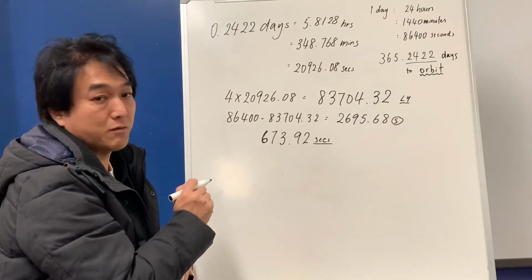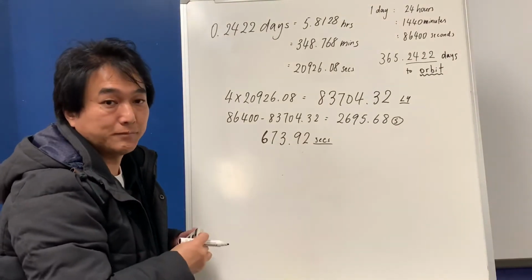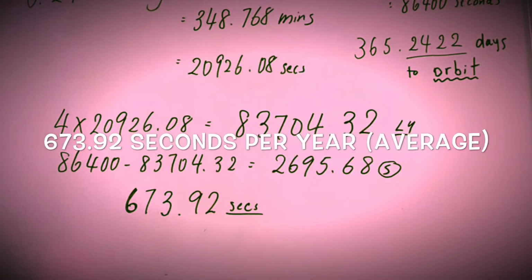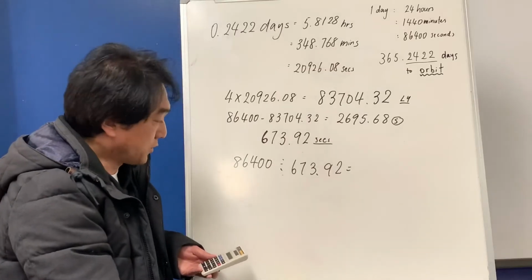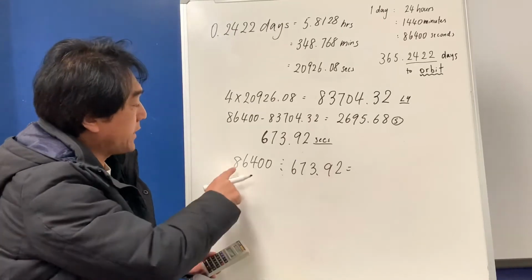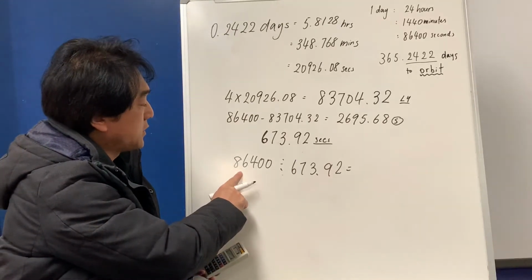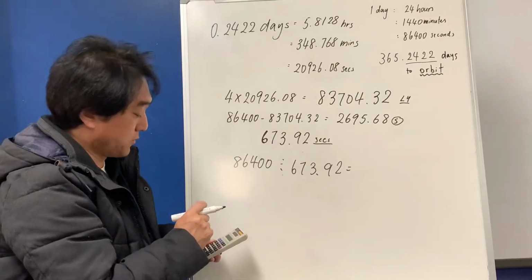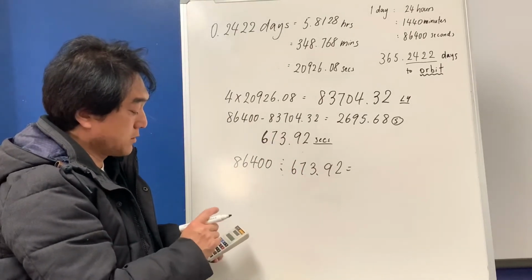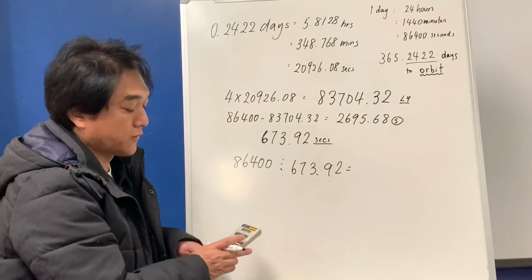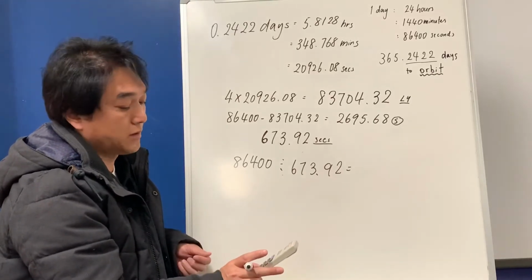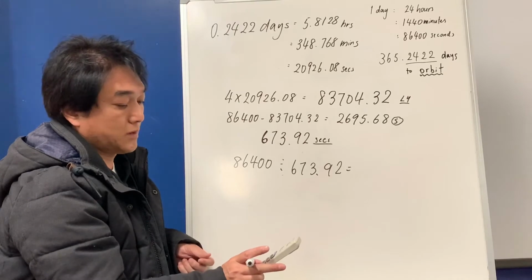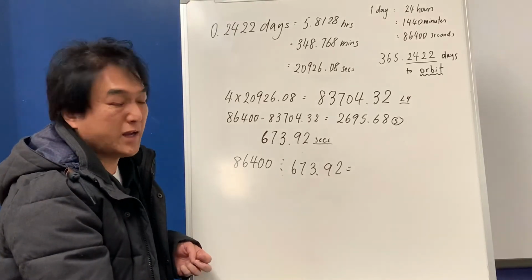This is per year, right? So let's pause the video. So according to my calculation, I divided 86,400 by this every year. So this is 128.20512 years. So it is difficult to use 128 years.